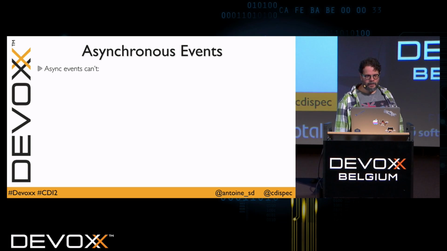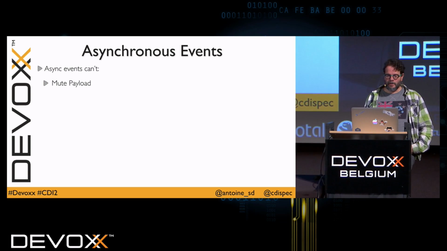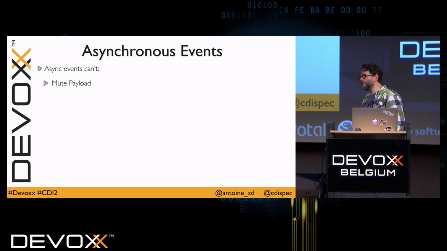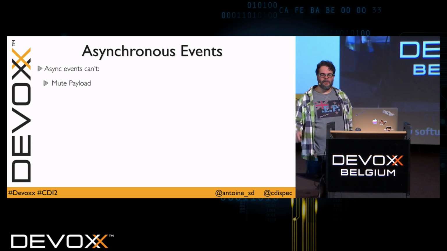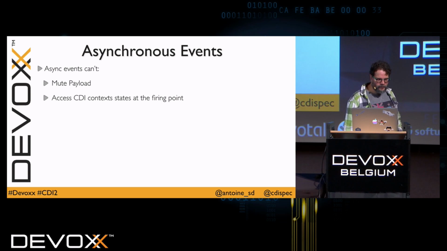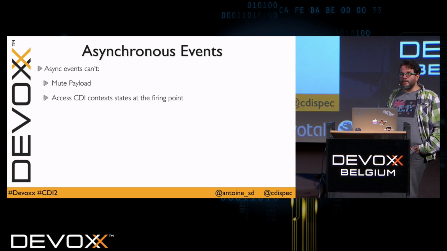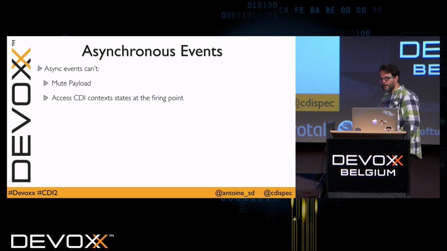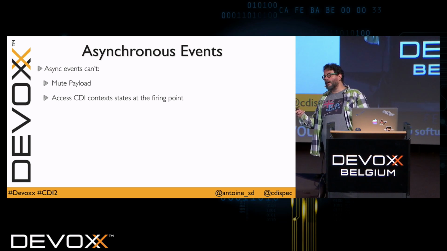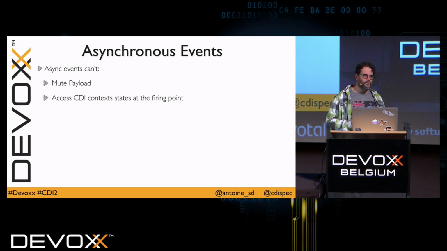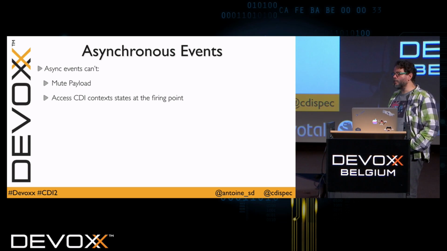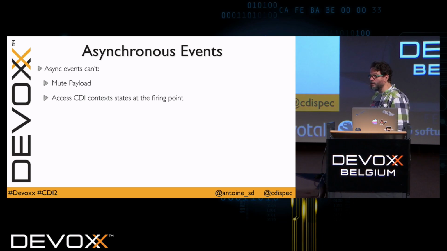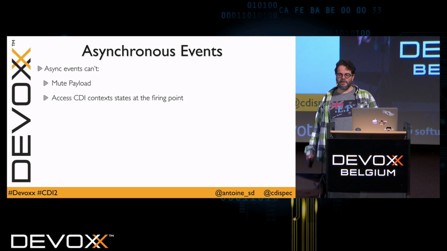Asynchronous events can't mutate the payload, because if you mutate the payload, you have to lock to wait for other observers, the asynchronous observers, to do their job. They can't access CDI context state at the starting point, because as they are asynchronous, they will be running in other threads. And if you read the spec, you know that CDI built-in contexts are not propagated across threads.